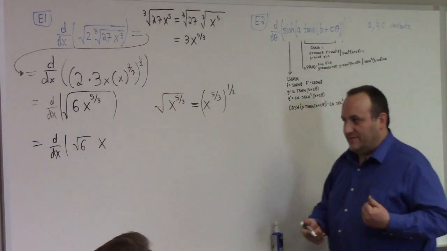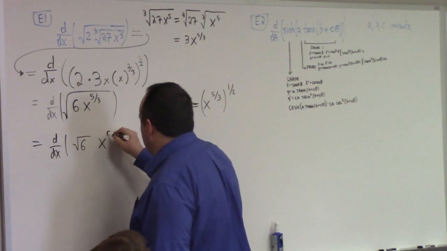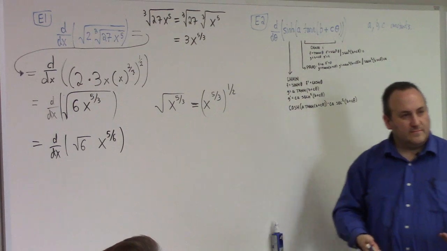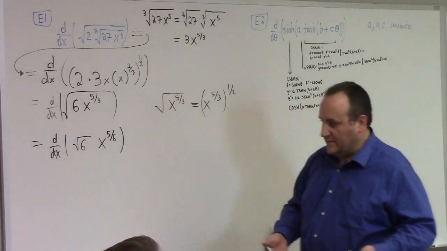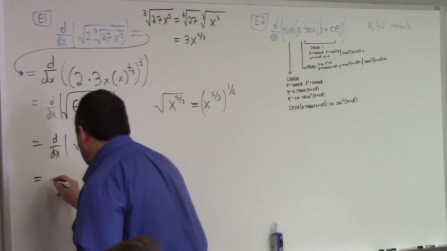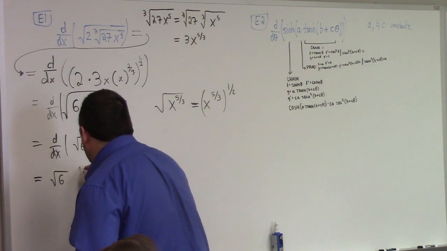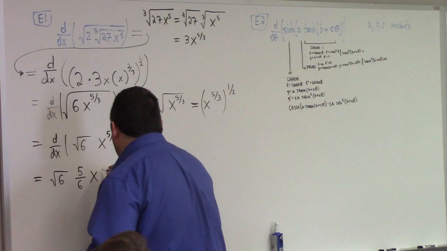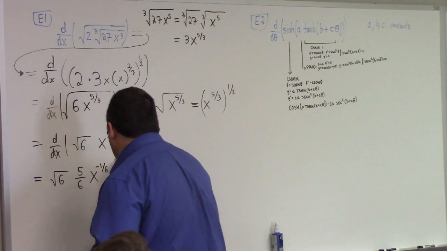So that gives us 5/6. Now we can differentiate, right? Pull the square root of 6 out because that's property of the derivative, and then power rule. So I get 5/6. X to the, what is 5/6 minus 1? It is minus 1/6. There you go.